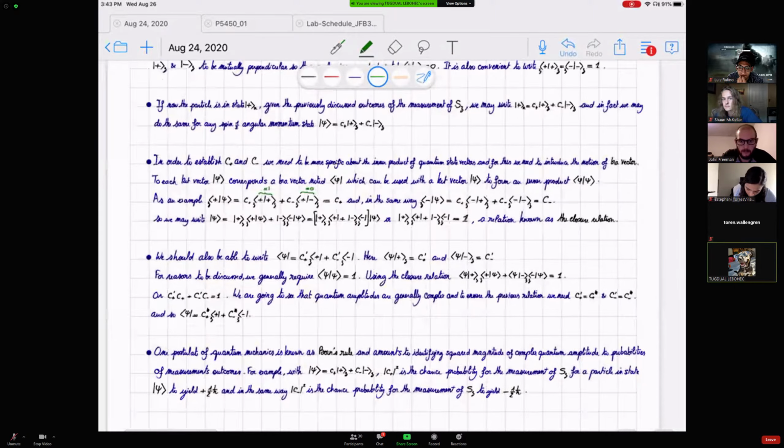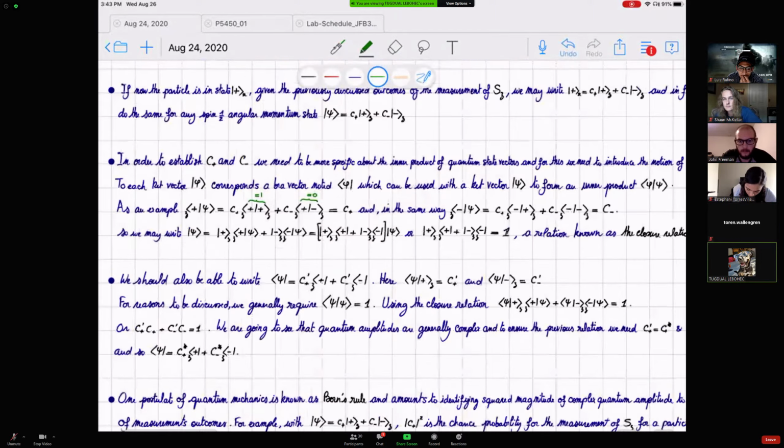And so here it's going to be the same thing with these vectors. For example, this psi that we wrote this way, if I were to multiply it on the left with plus sub z, I can replace psi by this expression, and you see that plus sub z multiplies plus sub z is going to give us 1, while plus sub z times minus sub z is going to give us 0, as it's written here.